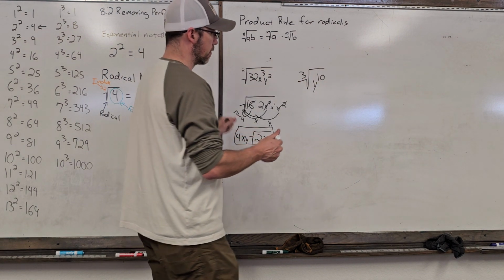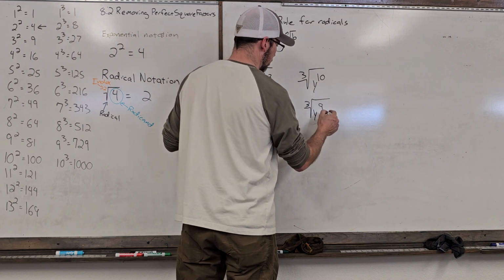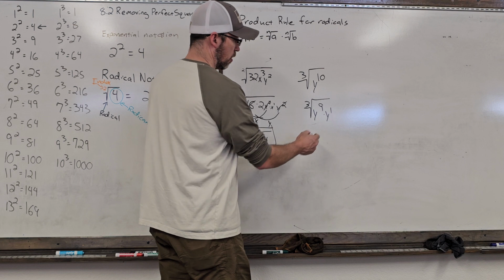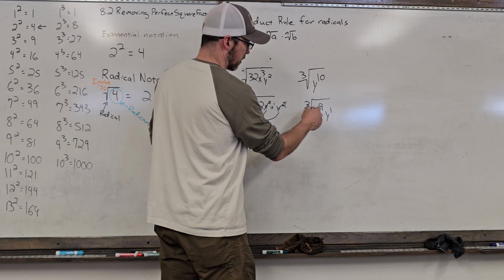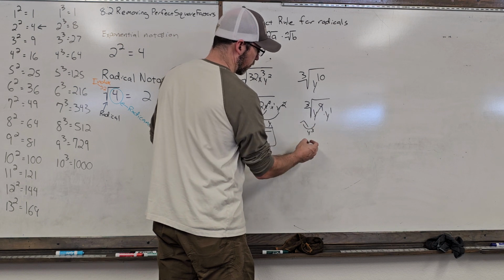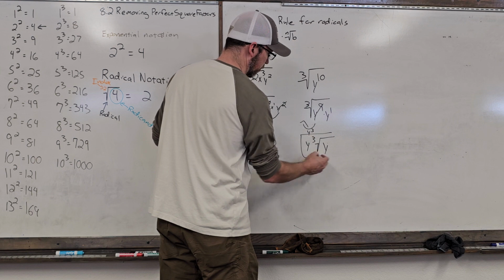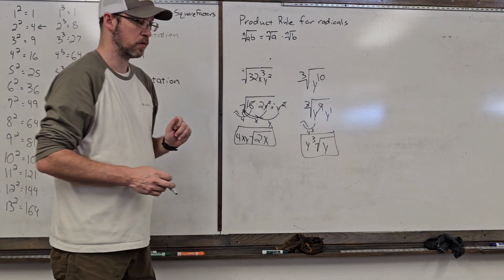Well, that would be 9. So that's the same thing as the cube root of y to the 9th times y to the first. Y to the 9th is going to come out as y to the 9 divided by 3, which is y to the third. So I'm left with y cubed times the cube root of the y still stuck under there. That's as far as I can go.